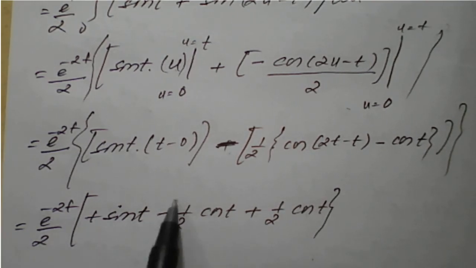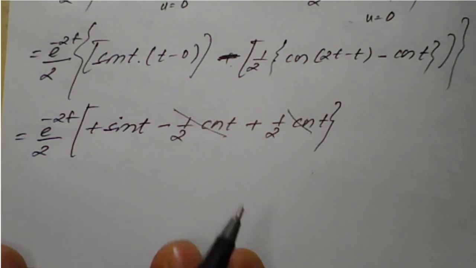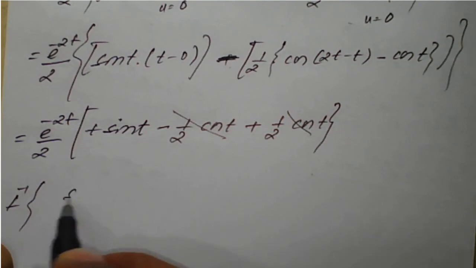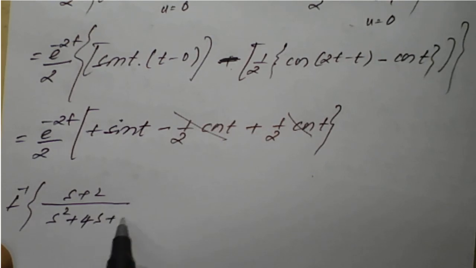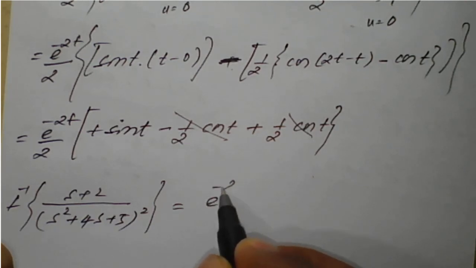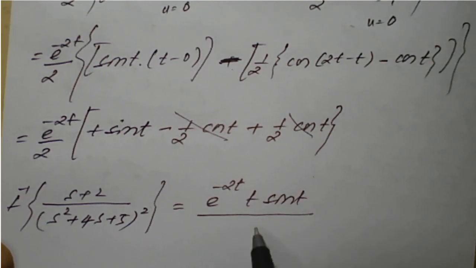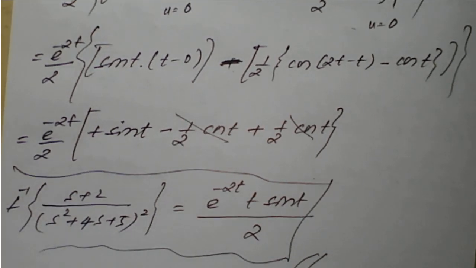So plus and minus cancel here, and we finally get the answer: inverse Laplace of s plus 2 divided by s square plus 4s plus 5 whole square will be e raised to minus 2t into t sine t divided by 2, which is the required solution of the given inverse Laplace transform using the convolution theorem. So this is one of the important kinds of example I can say here.